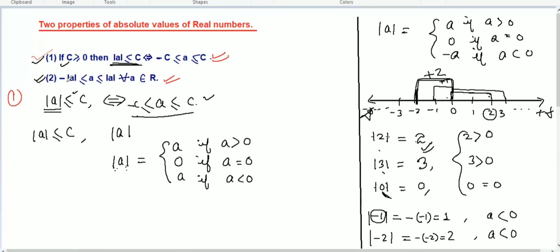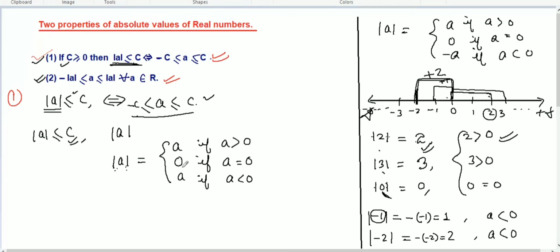Here we are proving the first property of the absolute value of real numbers. These are the two properties. For the first property, we take the absolute value of A is less than or equal to C, and I explained what the absolute value of A means. The absolute value of A is equal to A if A is greater than 0.